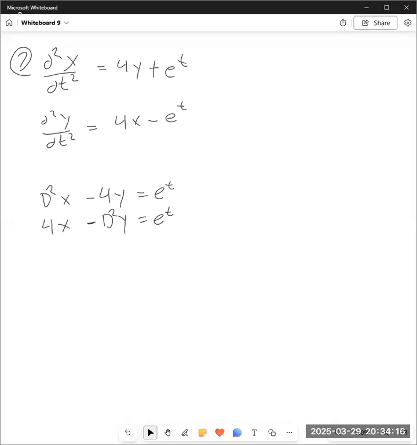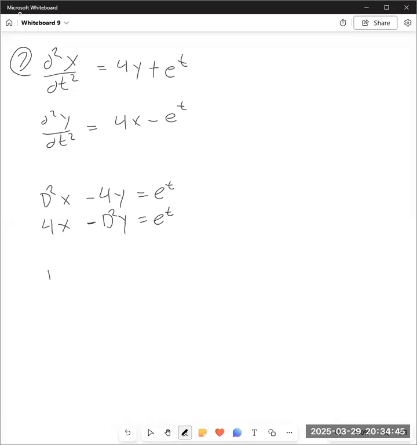So now we want to probably eliminate the y's here. It really doesn't matter, but that's the way that I'm going to go for this. So I'm going to take a second derivative of the first equation here. I'm going to multiply the second equation here by a -4.